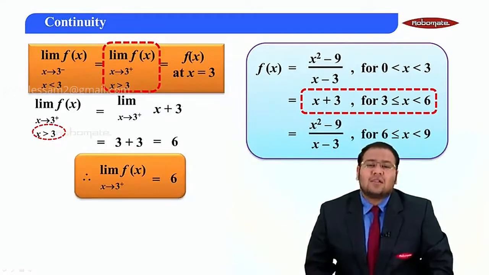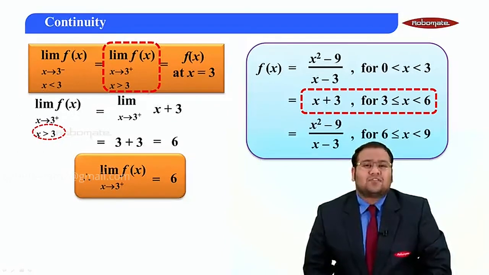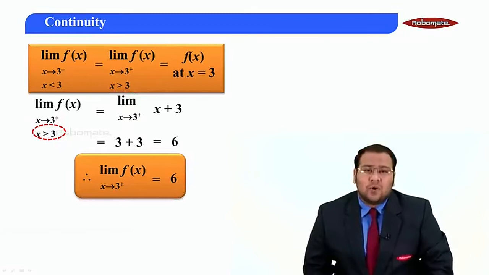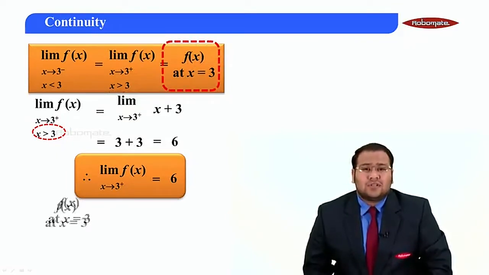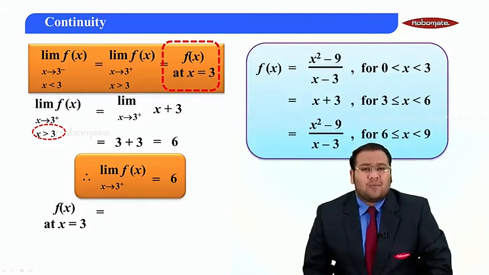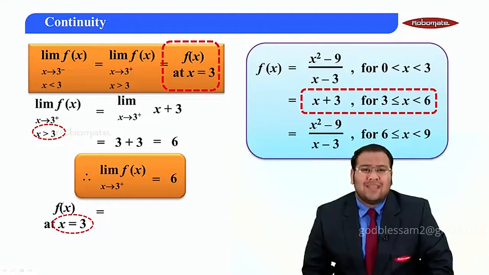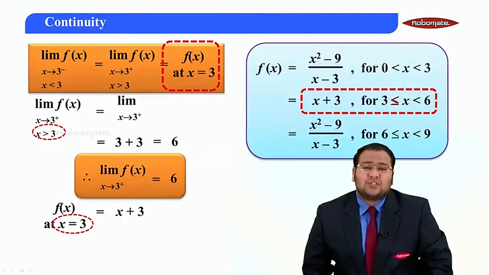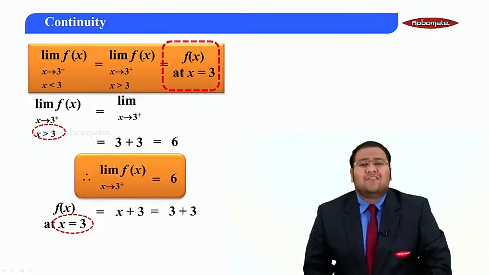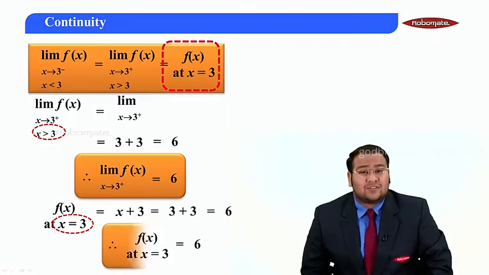So, I can say the limit of f(x) when x is tending towards 3 plus is nothing but 6. The third case is f(x) when x is equal to 3. From the given question, when x is equal to 3, the equation is x plus 3, which is equal to nothing but 6.